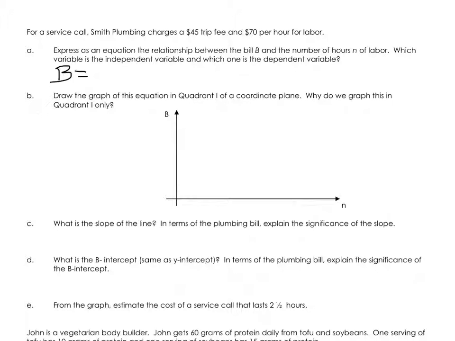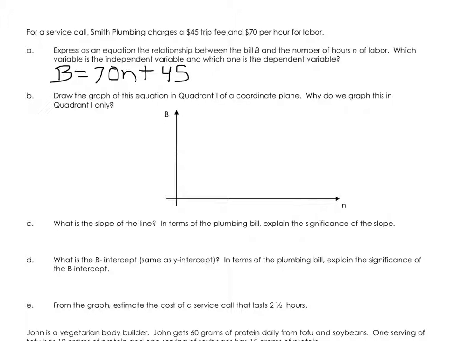So our bill is going to depend upon how many hours the plumber worked. They're making $70 for each hour that they worked. Plus, they're making $45 just for showing up. Even if they show up and you say, sorry, it's fixed now, they're going to say, that's fine, we'll send you the bill. 0 hours, they're still going to charge you $45.